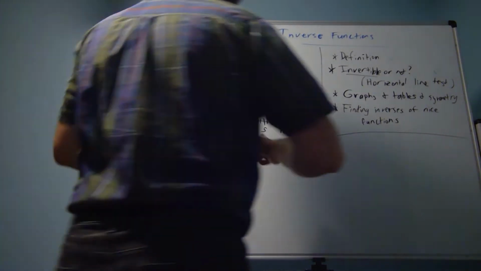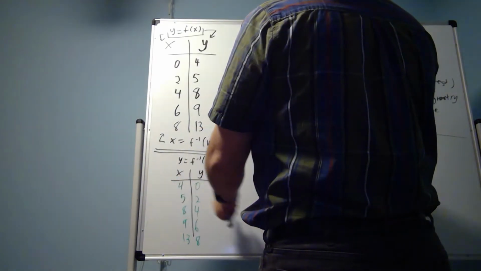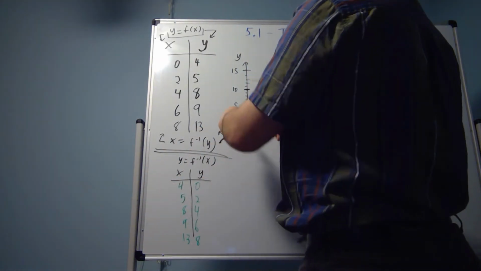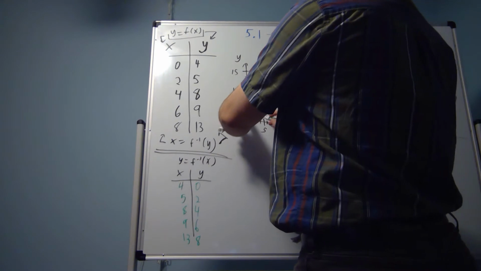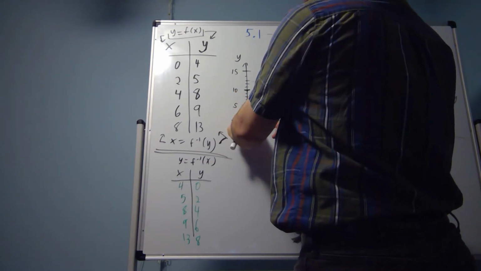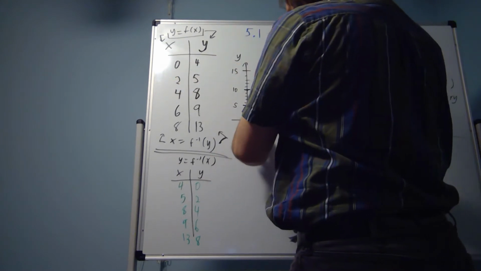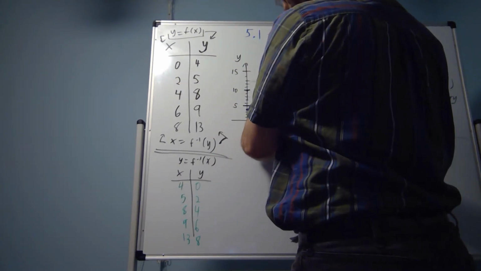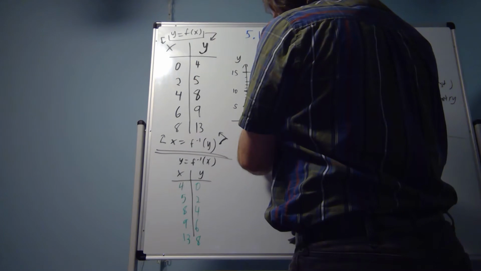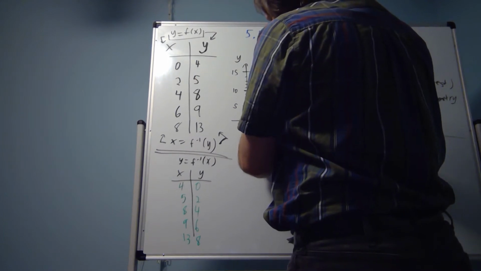So in green, this point right here, 0, 4, corresponds exactly to the inverse function's point 4, 0.